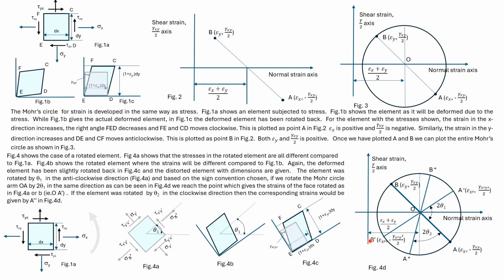Then A dash B dash will give the strains associated with this element. If this element had rotated in the clockwise direction, say by theta 2, then in the Mohr's circle we'll have to rotate by 2 theta 2 to get A double dash. Then A double dash B double dash will give the strains of the rotated element.